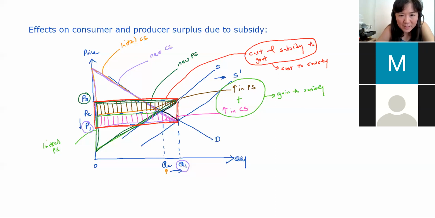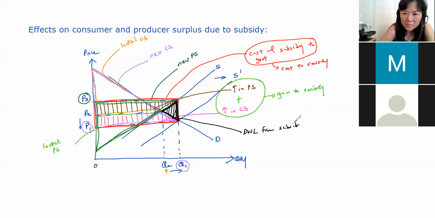So this part here is the deadweight loss from subsidy.